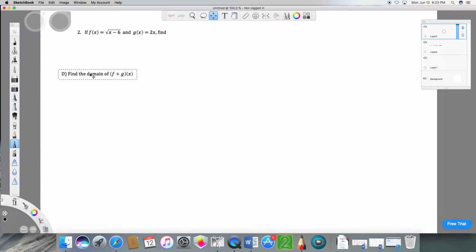So to find the domain of this new function, f plus g, I erased what it was. I really don't need the function because I have how the original functions were built, and that's better to use to determine this domain anyway.